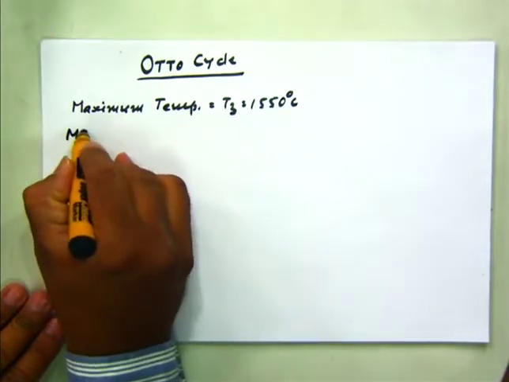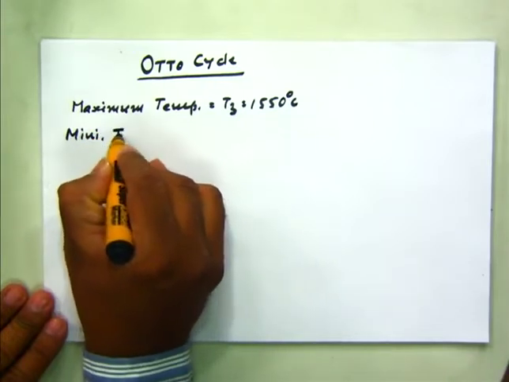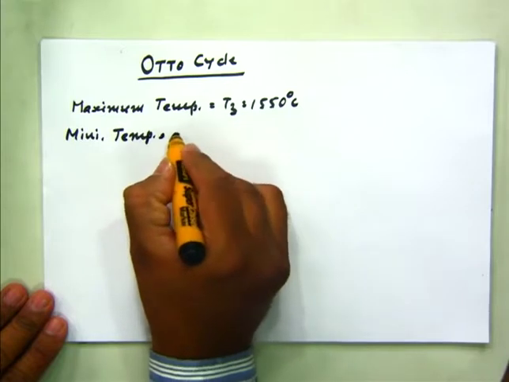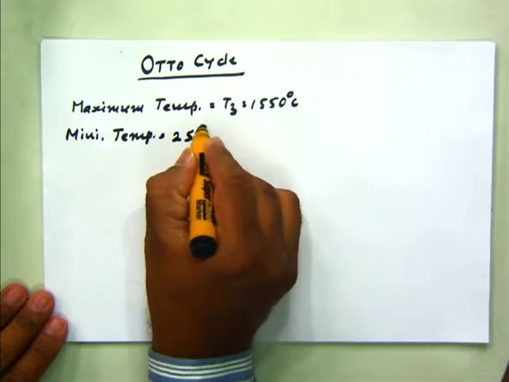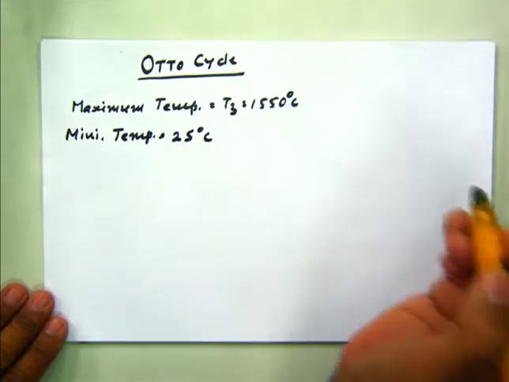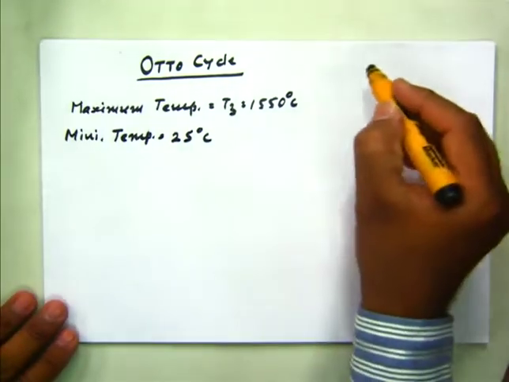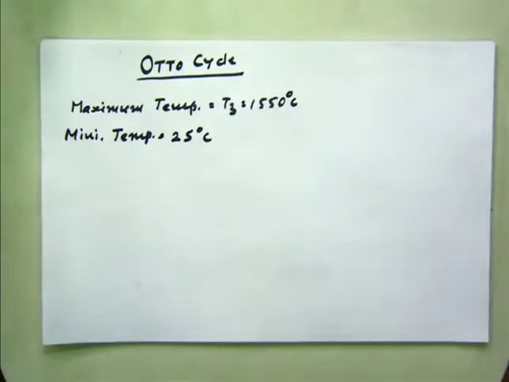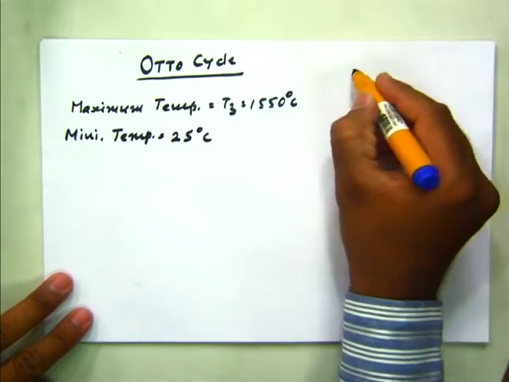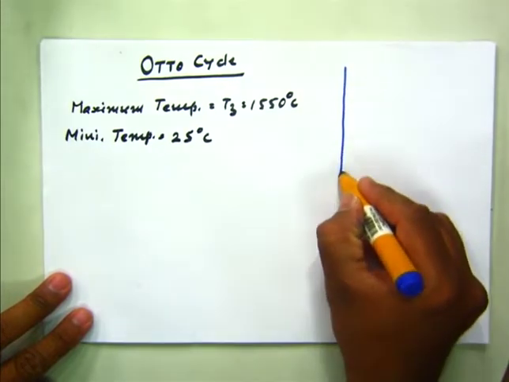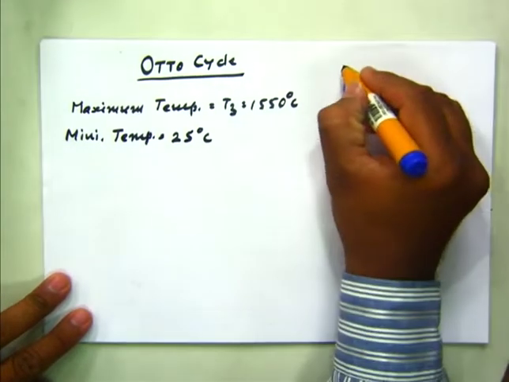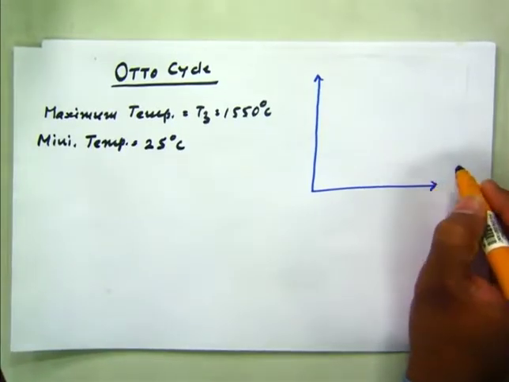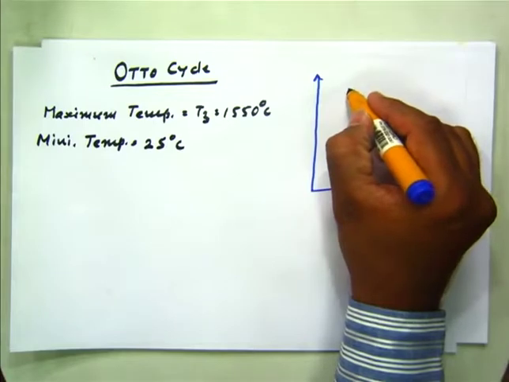Minimum temperature is 25 degrees centigrade. Let us recall the figure of the Otto cycle.